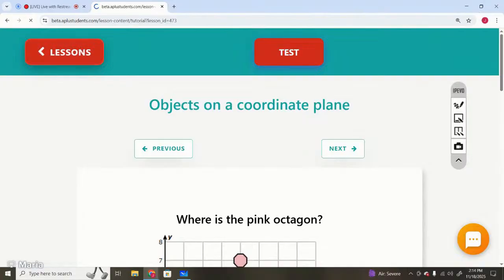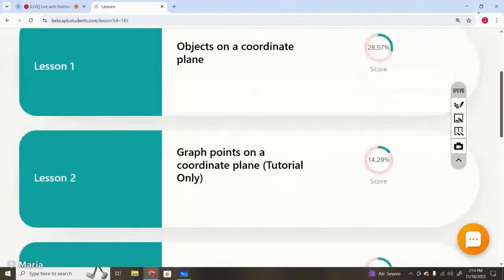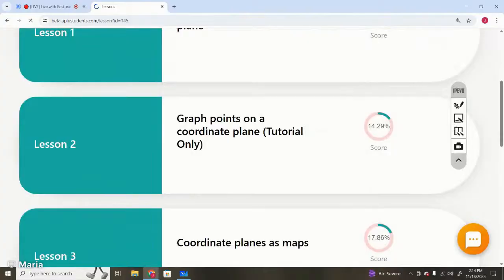The next lesson is graph points on a coordinate plane.